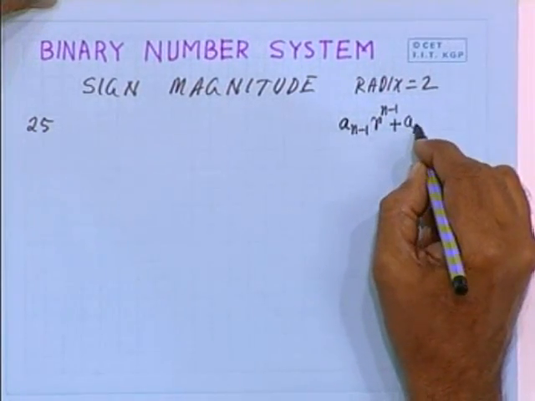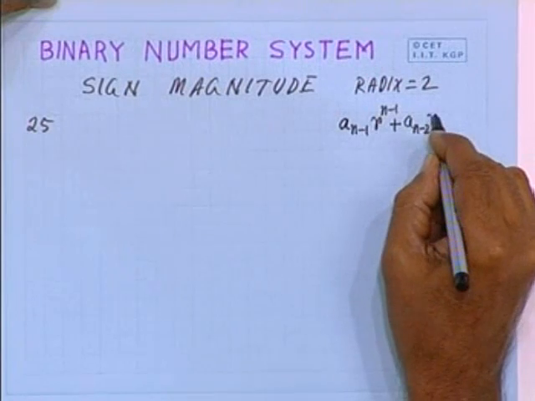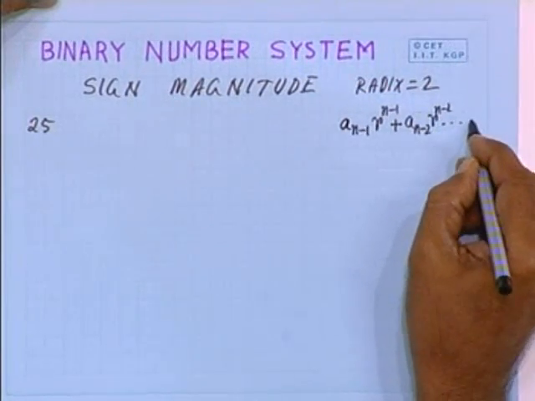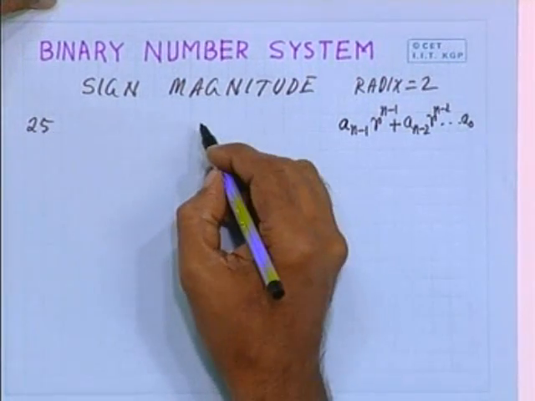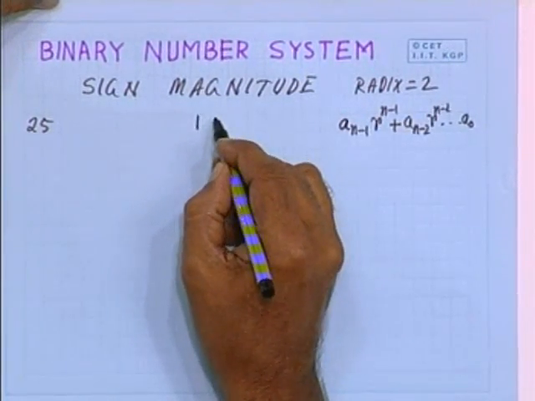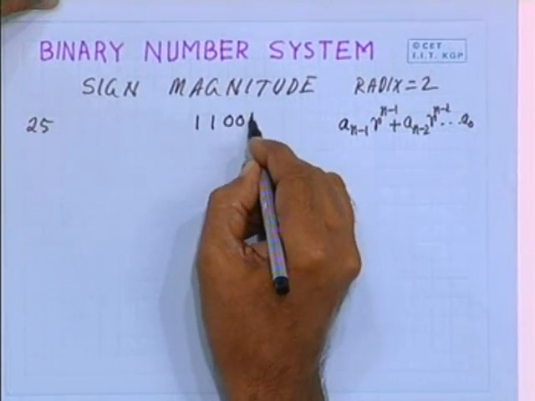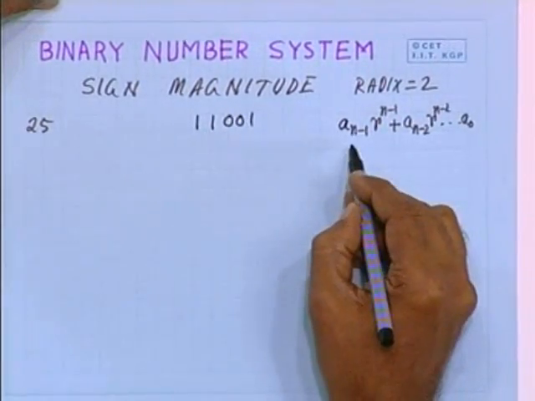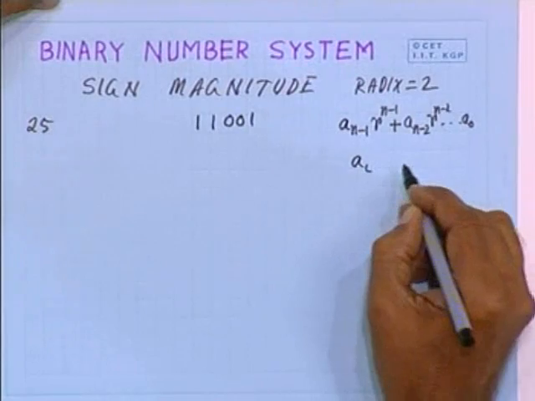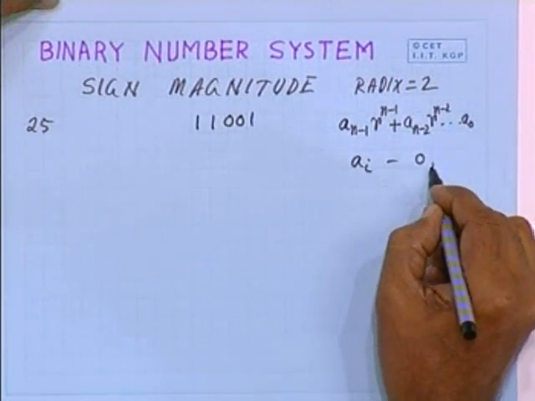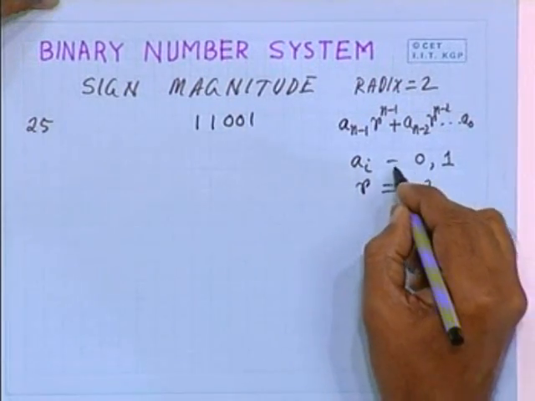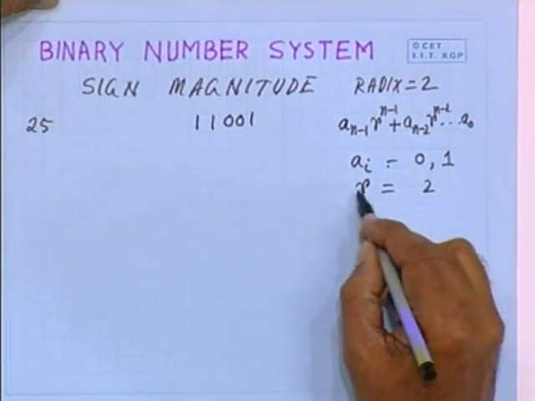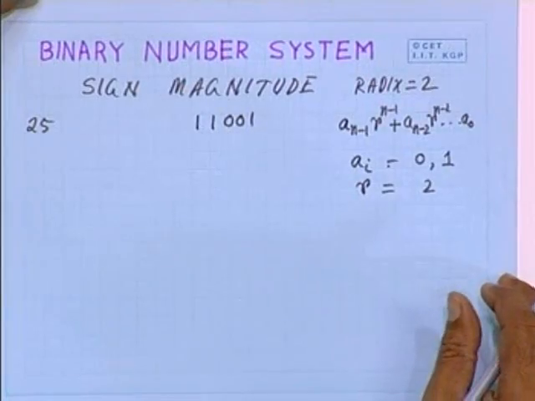For example, 25 is represented as 1 1 0 0 1. So in this particular case, your ai can be either 0 or 1, and r is equal to 2, which is known as the radix of the binary number system.